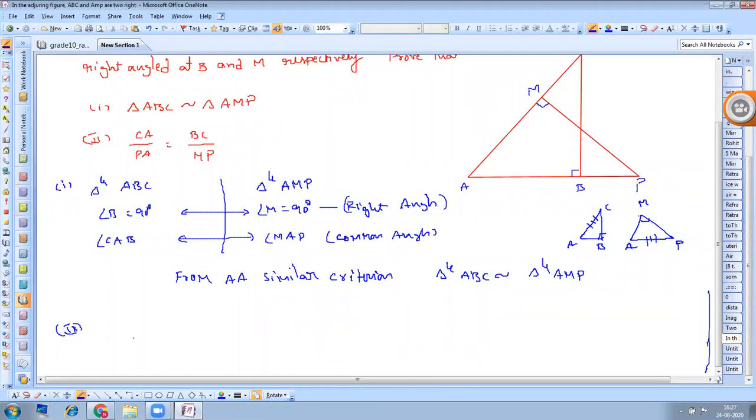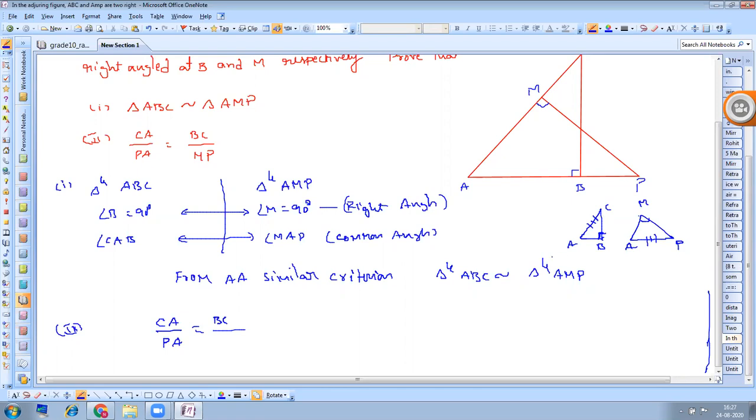Automatically I can write CA by PA will be equal to, directly I can write, CA is the hypotenuse of one triangle, AP is the hypotenuse of the other triangle. So CA by PA will be equal to BC. BC is one side of ABC. So what is the corresponding side of BC?